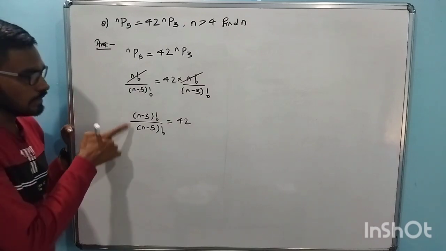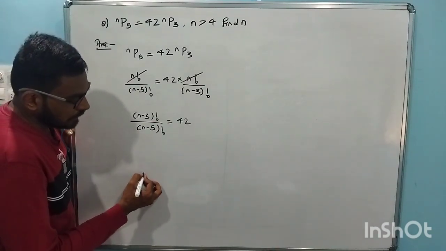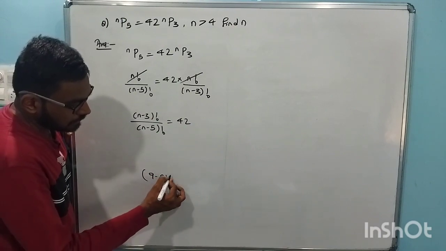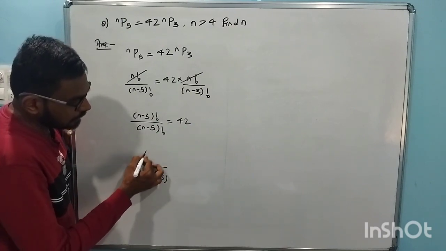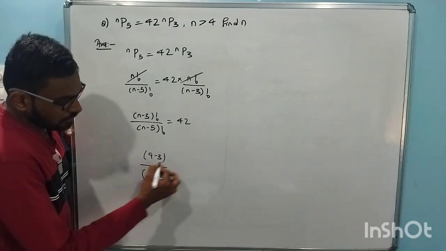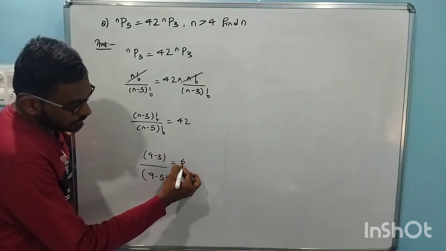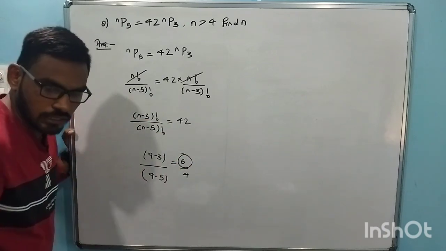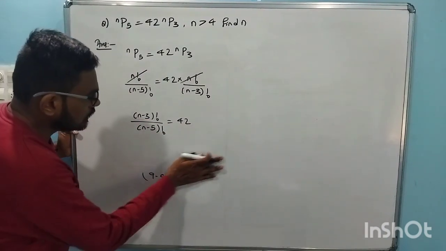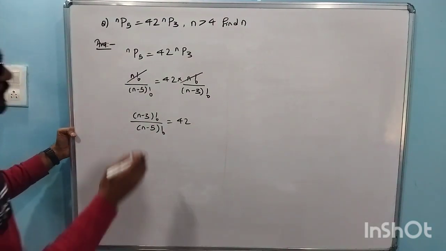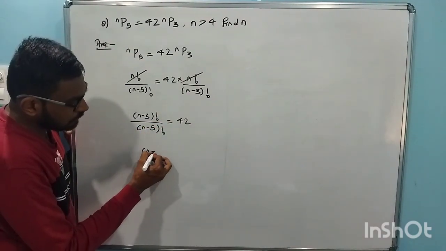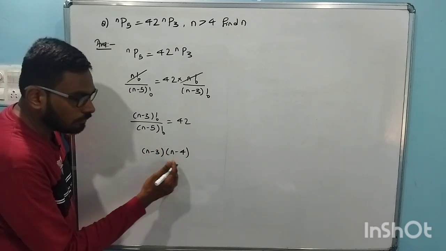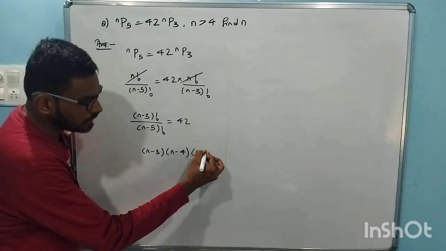Which one is greater from these two? See, for example, if I write 9 here, so is 9 minus 5 greater, or 9 minus 3 greater? 9 minus 3 is 6 and 9 minus 5 is 4, so obviously this one is greater. So here n minus 3 is greater, correct? So n minus 3, you have to reach till here. So next, after n minus 3, one smaller number will be n minus 4, correct? And one more smaller number will be n minus 5.